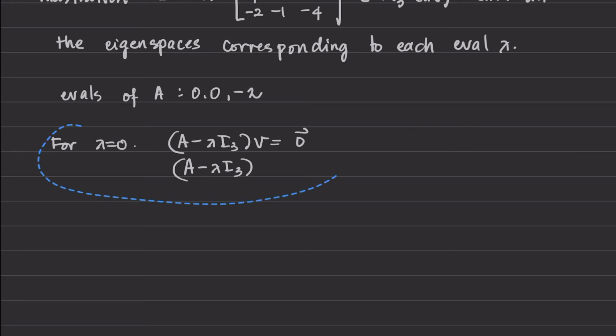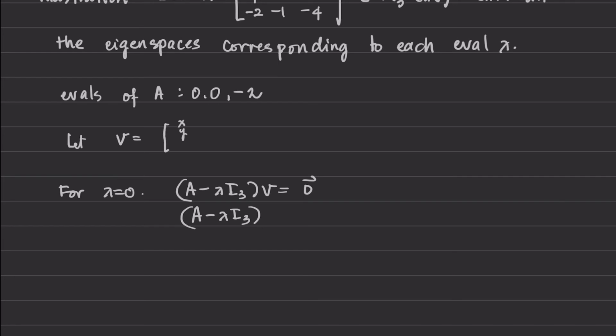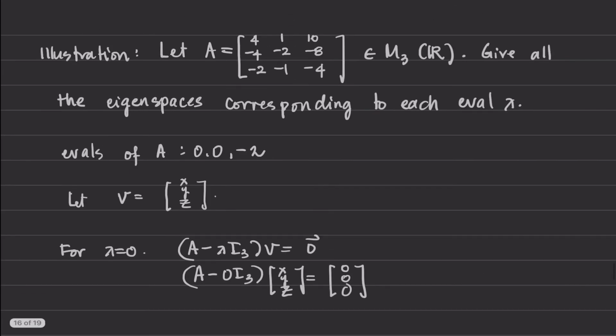Let V equal to x, y, z na lang kasi sanay tayo sa xyz. Okay? So, dito, i-plug in natin yung lambda equal to 0. So, 0 I3 times x, y, z equal to yung 0 column. Okay, ano ba yung A natin? Kopyahin natin si A.